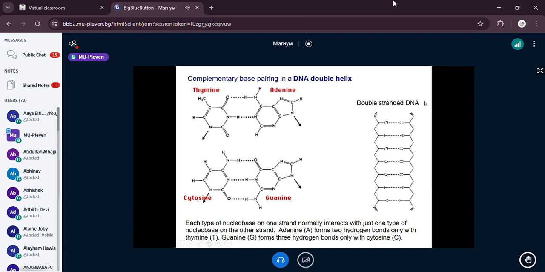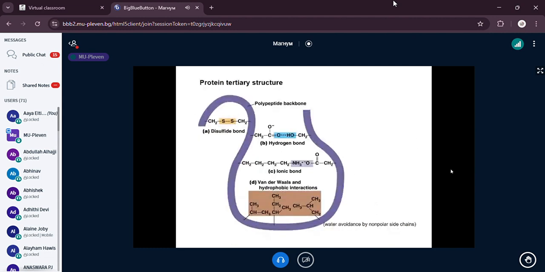And usually this double helix is shown in this way, meaning that this thymine, adenine, guanine, etc. At the end of this study of different types of bonding in biological models, using the tertiary structure of protein, we can show that in proteins, all types of bonding exist.